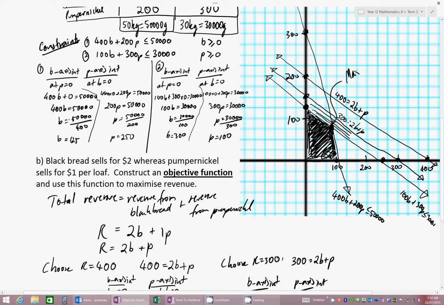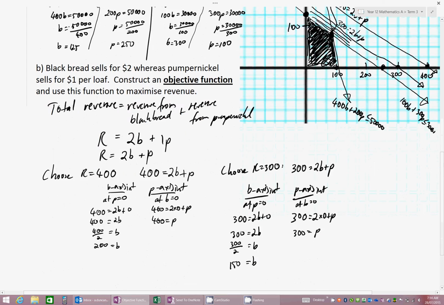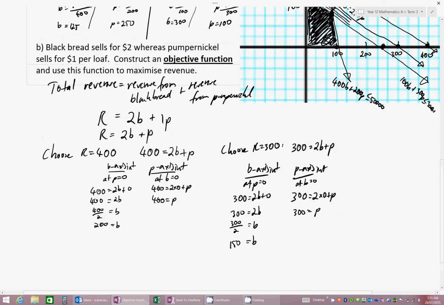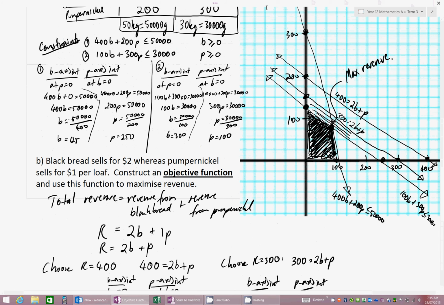In a lot of the other problems, it'll be set up for profit rather than revenue. Okay, so the challenge from here is trying to find the coordinates of that point. Since the graph doesn't really show it very clearly, what we'll do is use our graphics calculator to find that intersection point. Okay, so we're looking for the intersection of our two constraints.